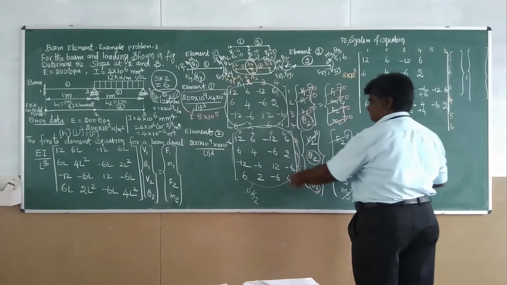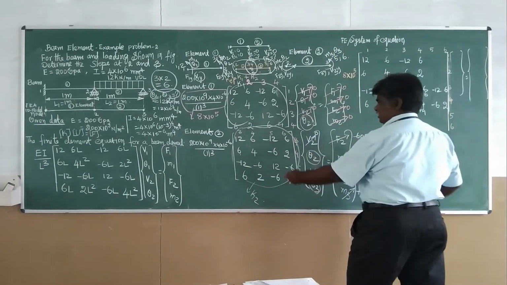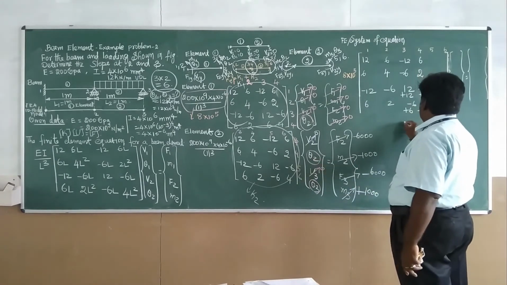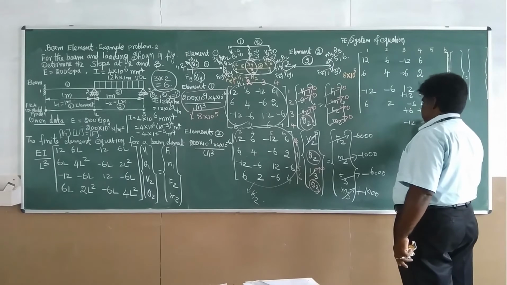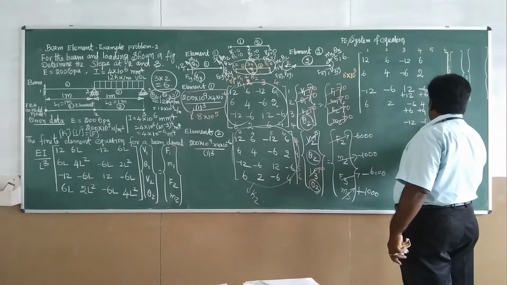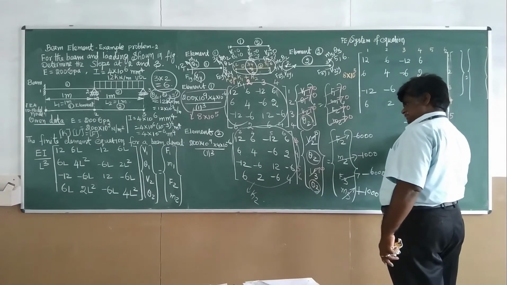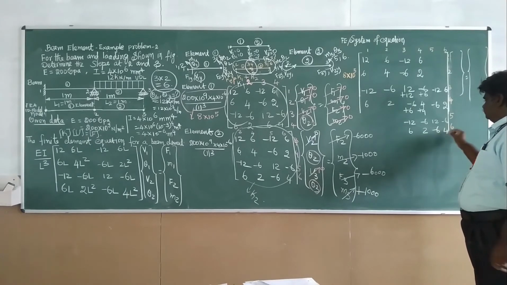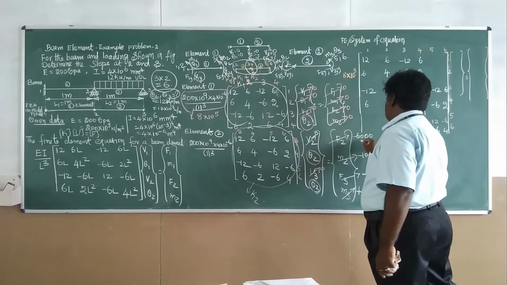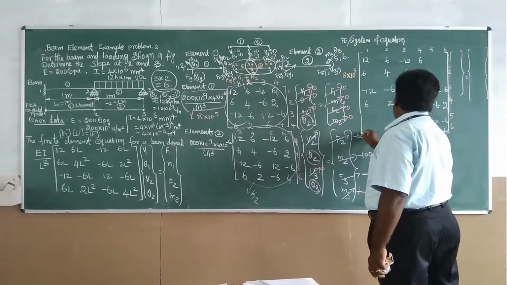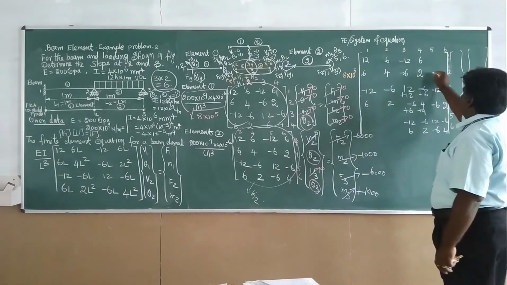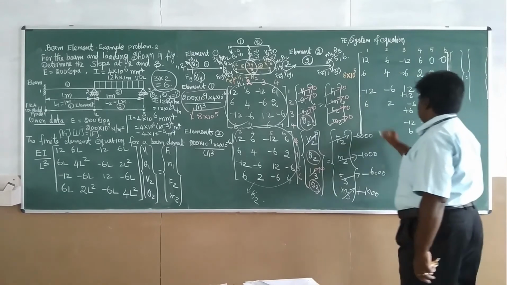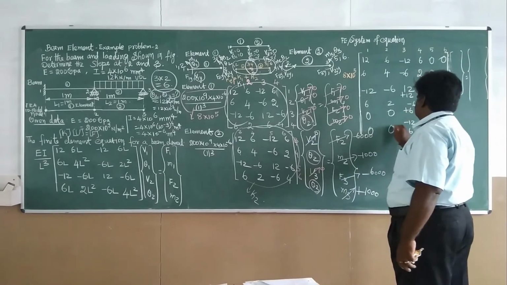Similarly, the remaining values you can rewrite corresponding to the third column: minus 12, minus 6, 12, minus 6, then 6, 2, minus 6, 4. Remaining places, where the element is not connected at the particular node, you can put 0 value.